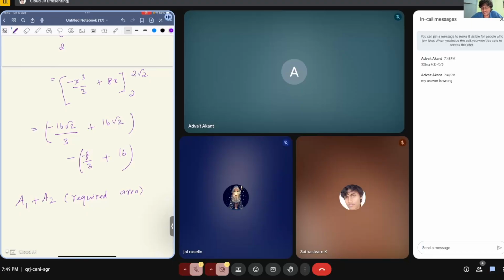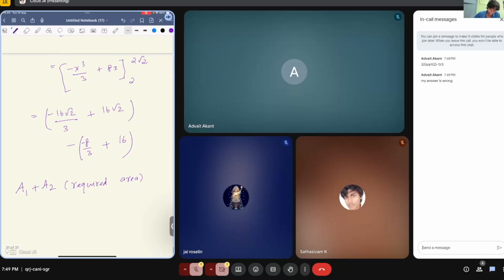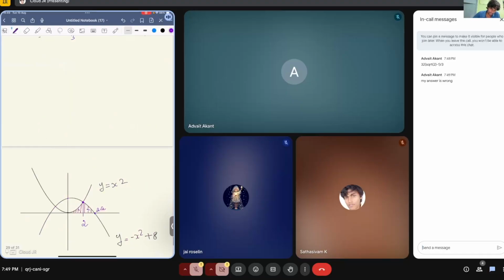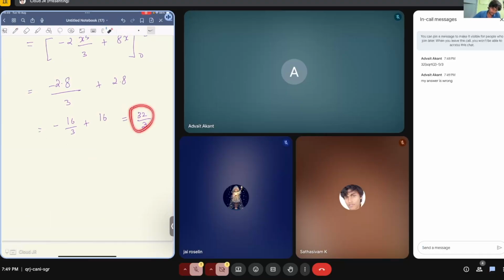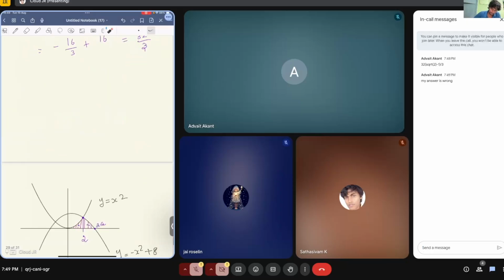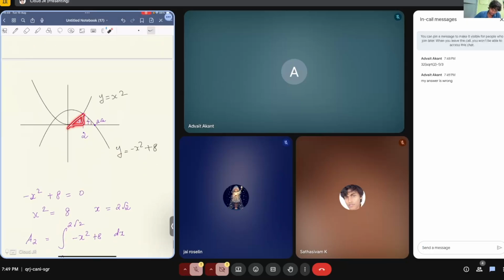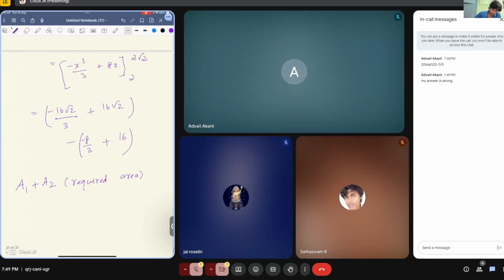I might have made a little error in simplifying, so that's why I'm not simplifying now. This area is 32 by 3, which is A1, plus whatever this number is.